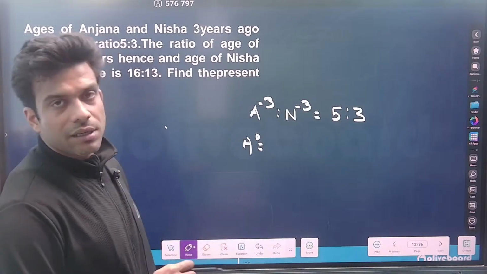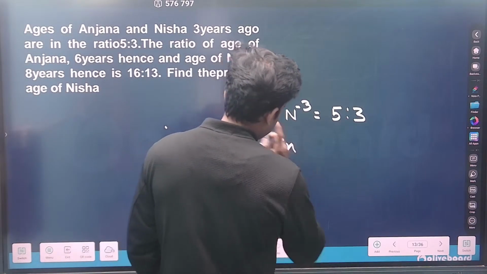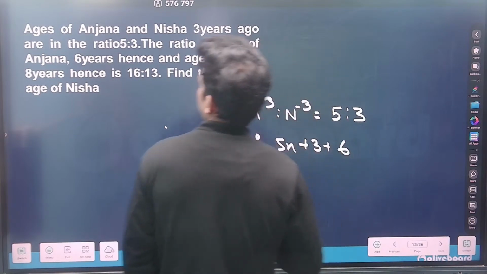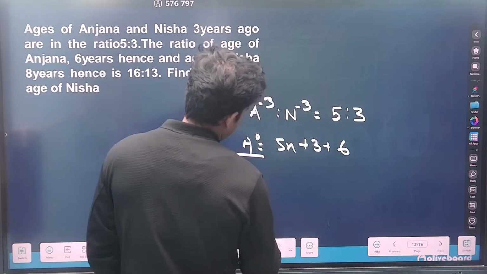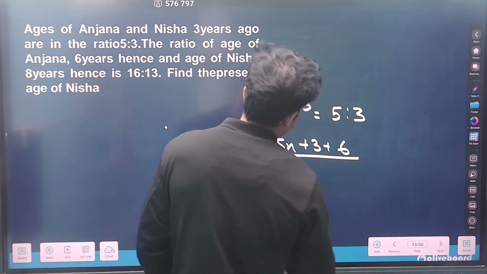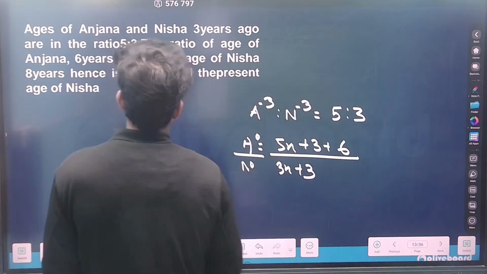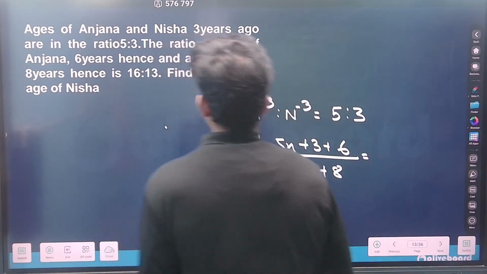First take out the present age. Okay. So I can go for 5x plus 3 plus 6, and Nisha's present age would be 3x plus 3 plus 8 years hence, and this is given to me as 16:13.